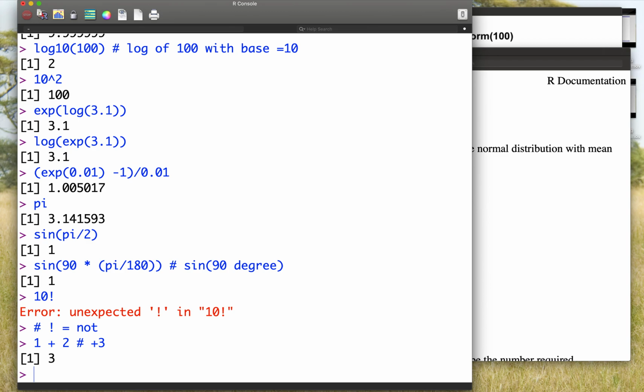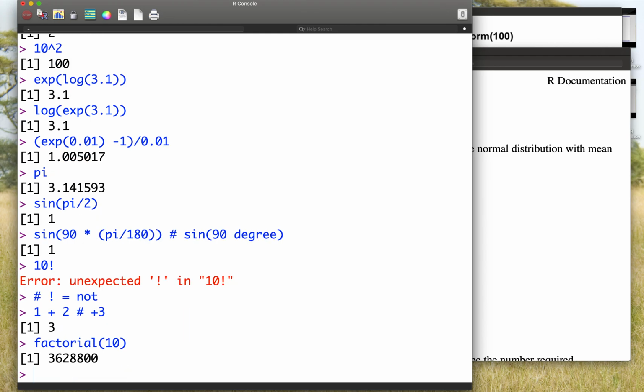Okay, so how about factorial? One way is just to use factorial. Factorial of 10 is equal to 3,628,800.